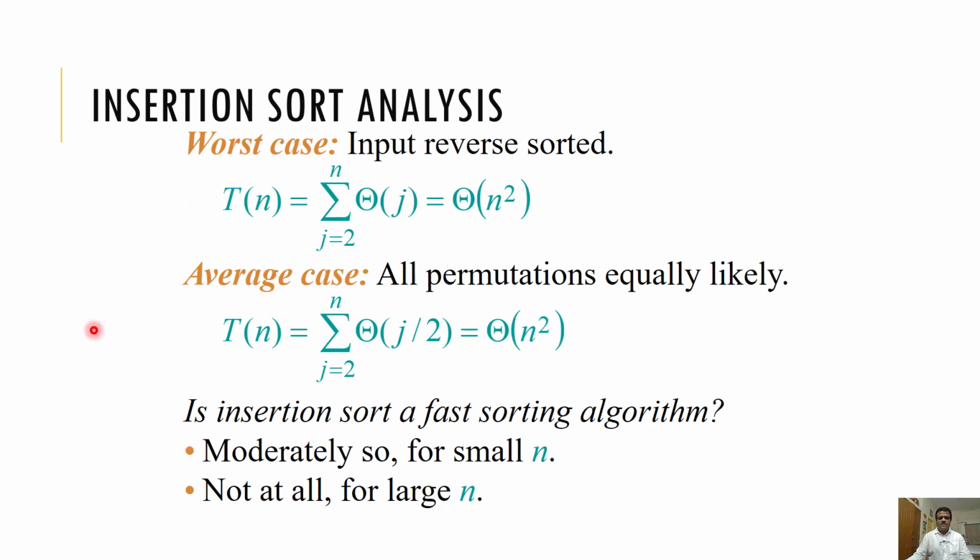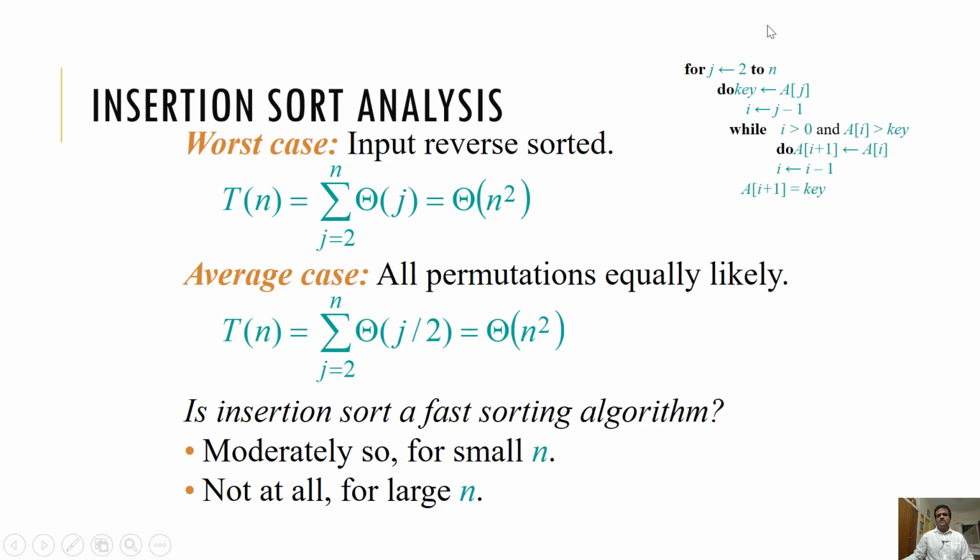So, we will first see the insertion sort code and then we can come back here. For insertion sort time complexity, let us bring the pseudocode. So, this is the pseudocode for insertion sort.